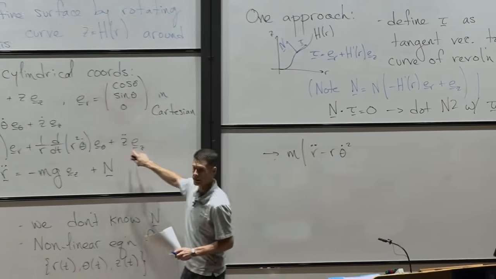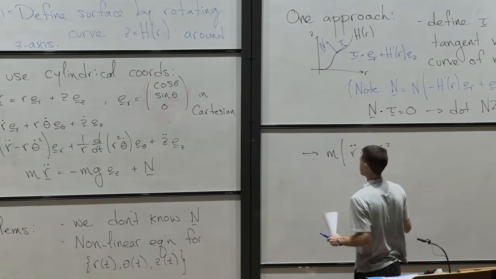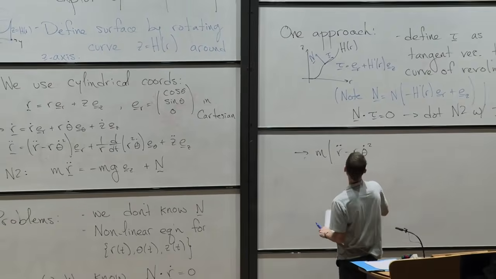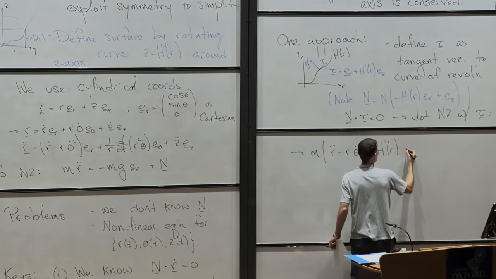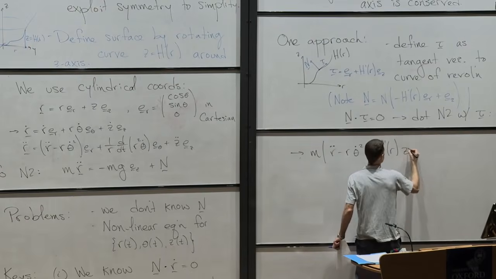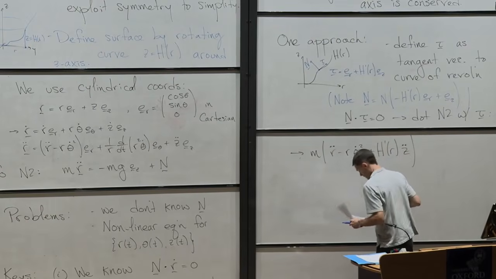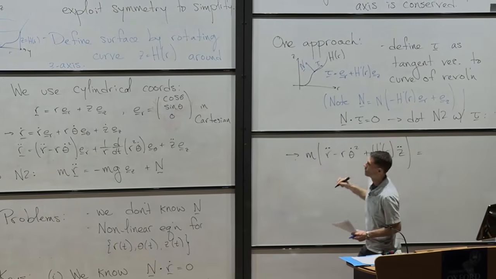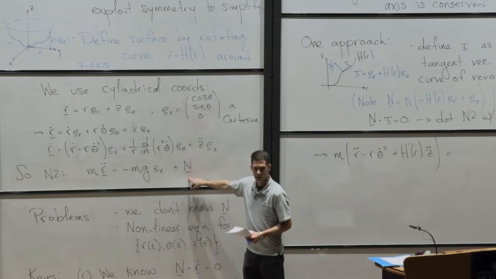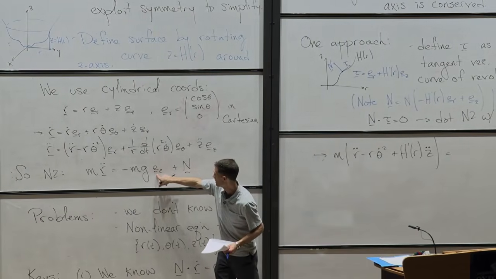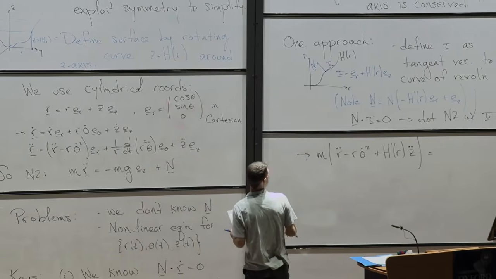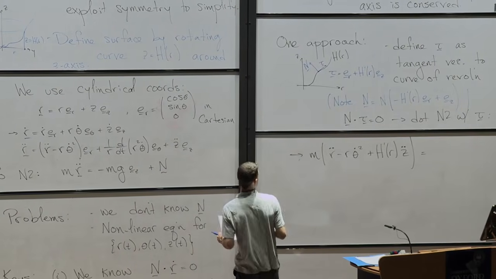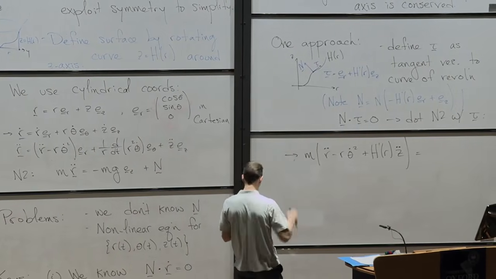The ez component z double dot gets an h prime of r. So I get plus h prime of r z double dot equals, and that gives me the gravity dotted with tau, which is a minus mg, becomes, sorry, minus mg h prime of r.